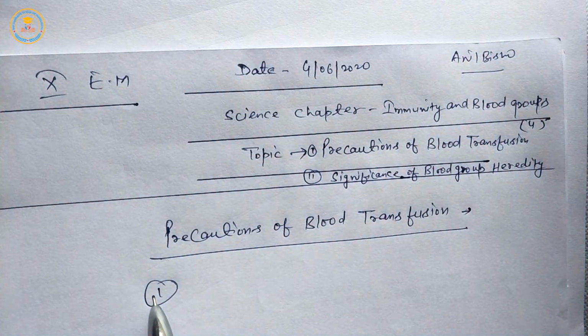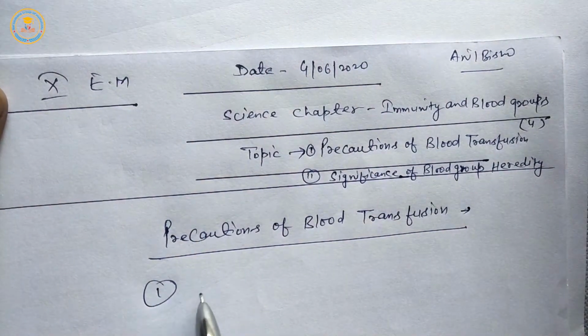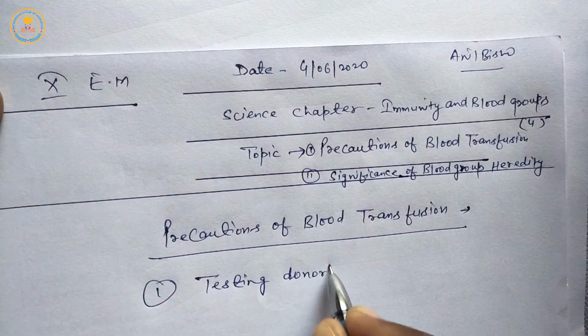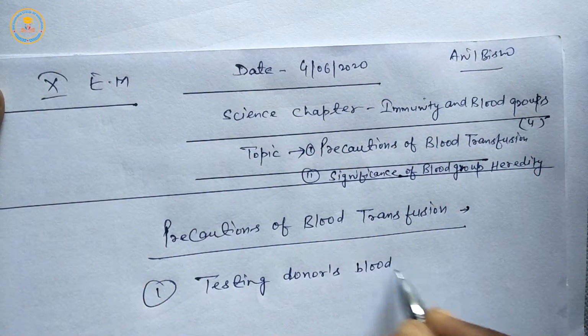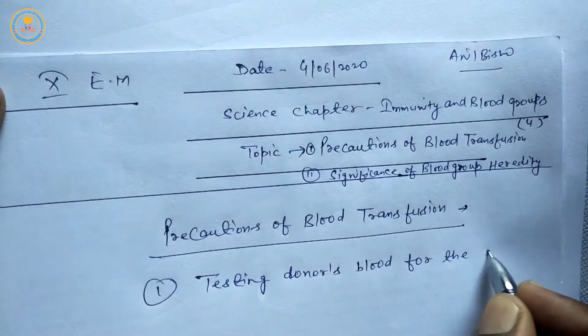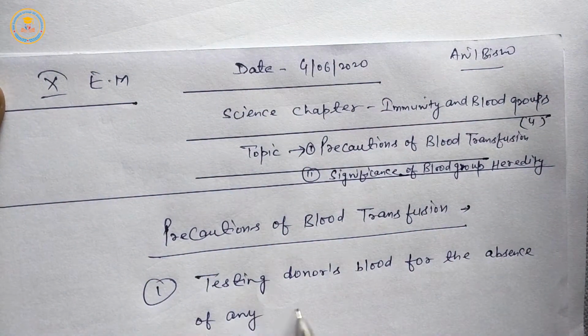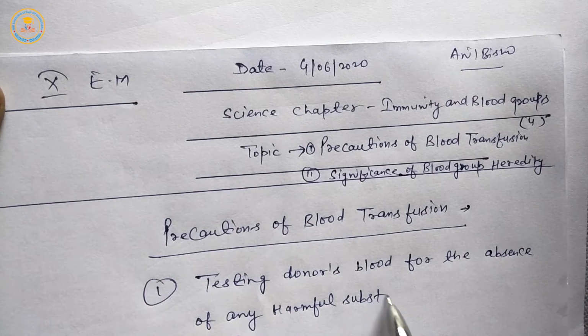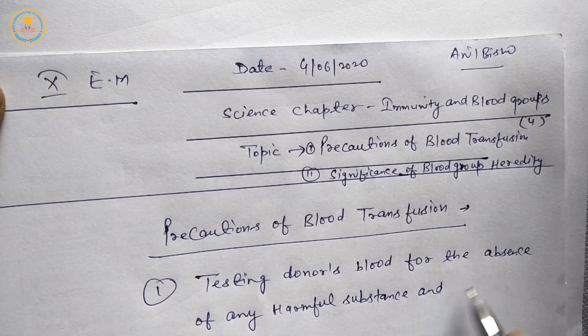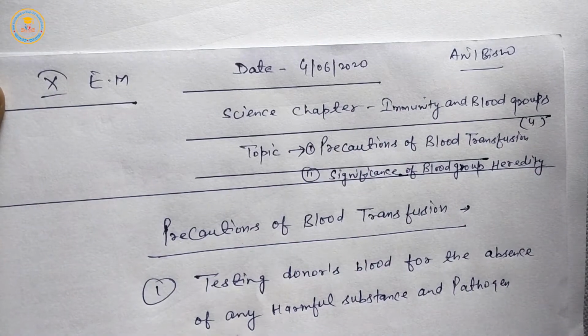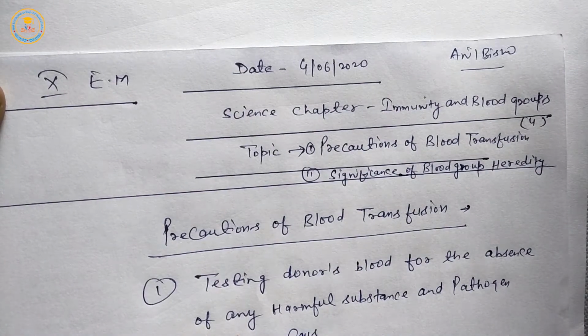First precaution is testing donor's blood for the absence of any harmful substance and pathogen. Pathogen means disease causing factors.